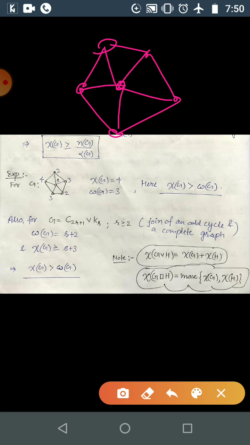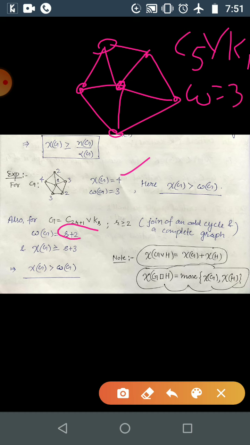Here omega was 3, so K1 and C5, this is the join of C5 and K1. Here s is 1, so omega will be s plus 2, so here it is 3, correct. In general, if you are taking a complete graph of order s, then the clique number is s plus 2, so here 1 plus 2, that is 3.